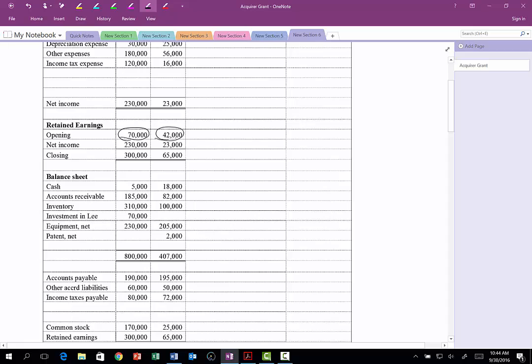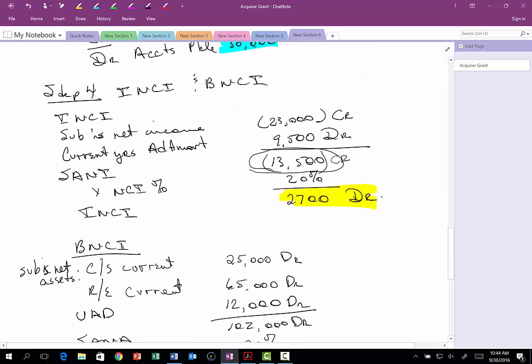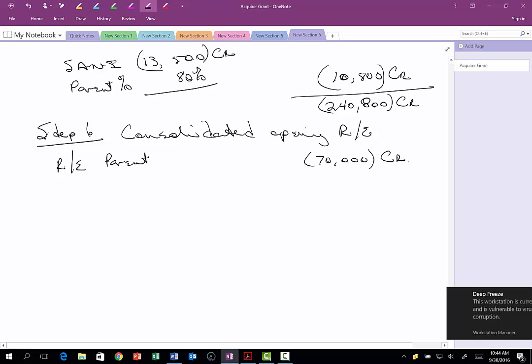There's the opening retained earnings for the sub. Okay, so retained earnings of the parent we saw on the worksheet was $70,000 in a credit position. So next thing, figure out what our portion of the sub's retained earnings is going to be.